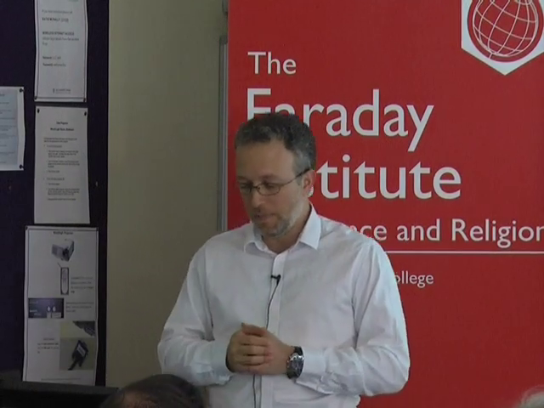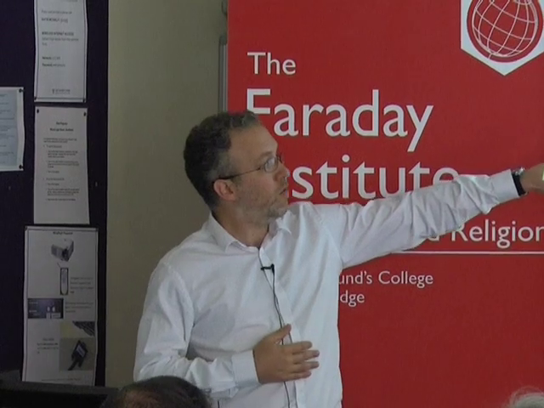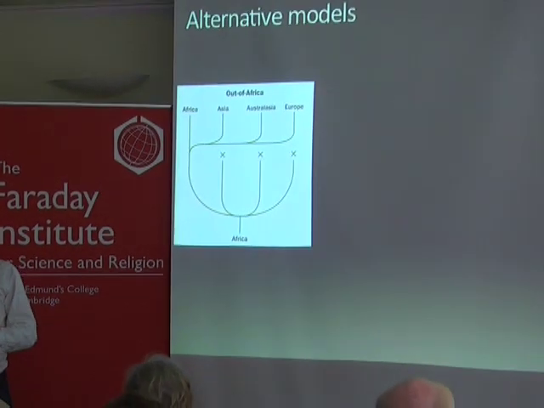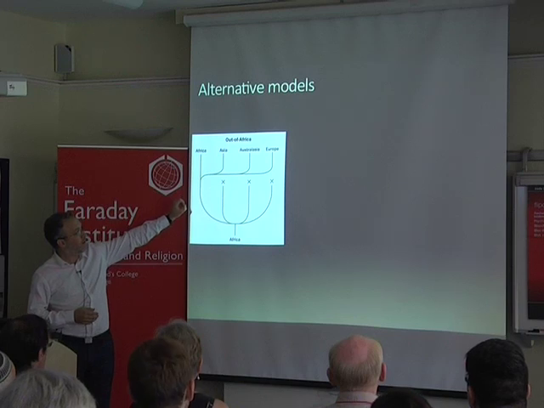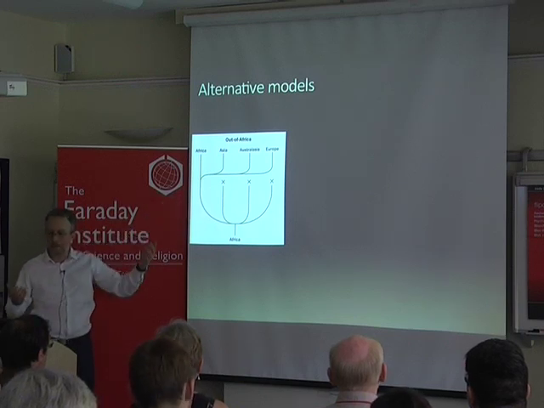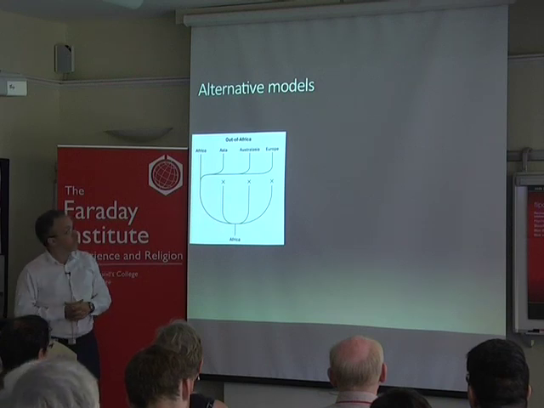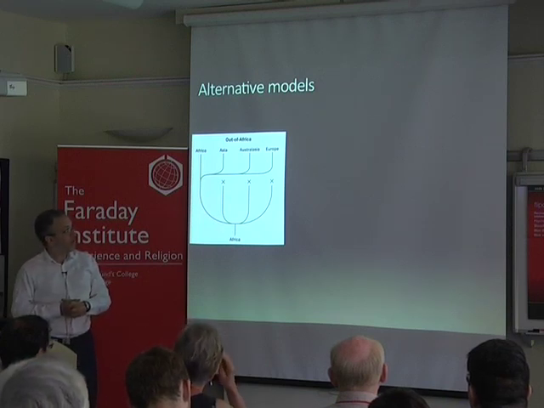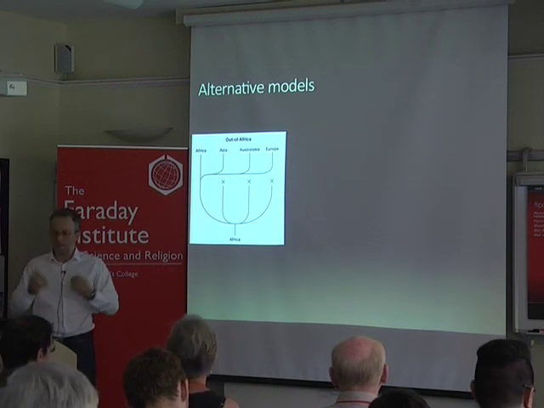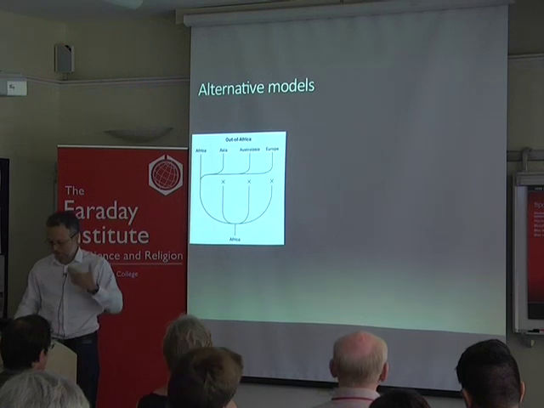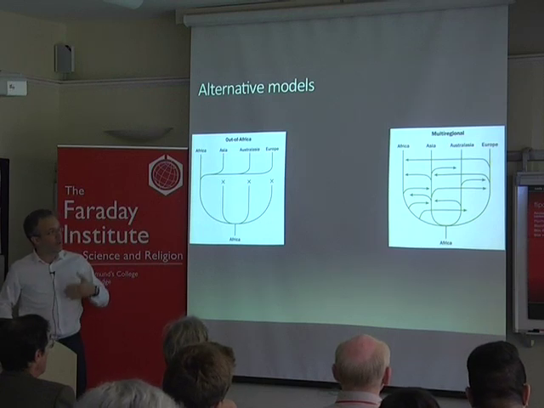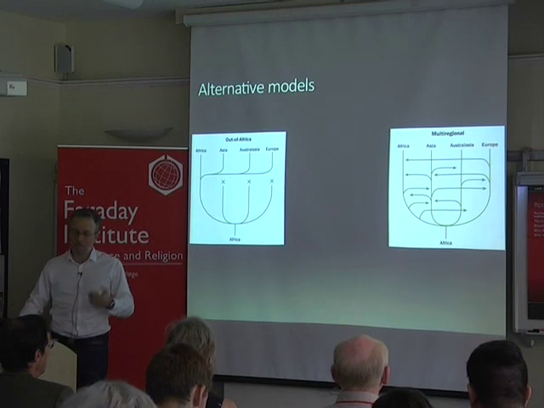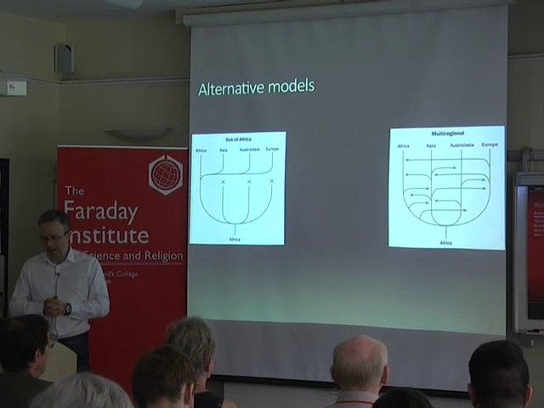The main one is the so-called out of Africa model, where at one stage Homo sapiens evolved from Homo erectus in Africa, and then got out of Africa and colonized Asia, Europe, and Australasia, so the source of the expansion is sub-Saharan Africa. That's the typical simple way of putting the out of Africa model. And the multi-regional model was discussed a lot at the end of the 20th century.